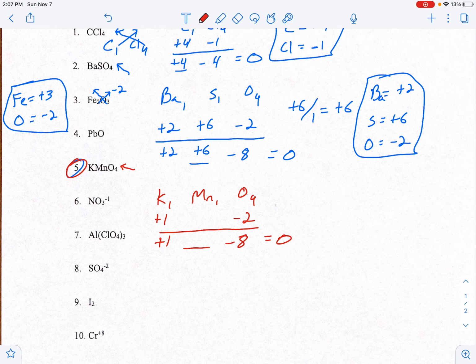Well, this would have to be a positive 7, because 1 plus 7 equals 8, minus 8 equals 0. You take that positive 7 and divide it by however many manganeses you have, which is only 1. So 7 divided by 1 gives me 7, so the charge of manganese would be plus 7. My answer would be potassium has a charge of plus 1, manganese has a charge of plus 7, and oxygen has a charge of minus 2.